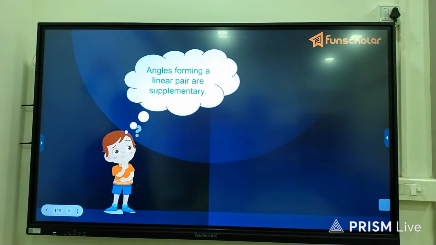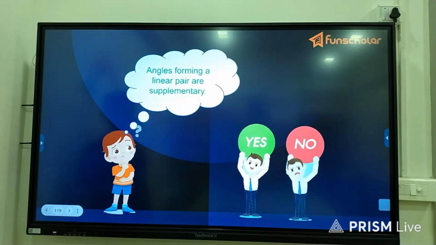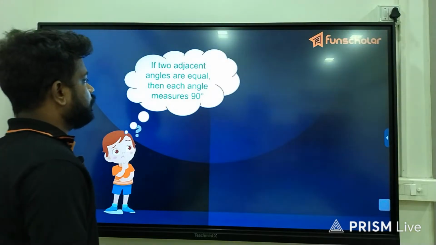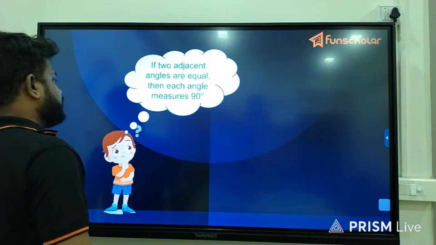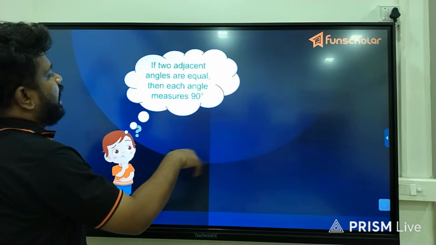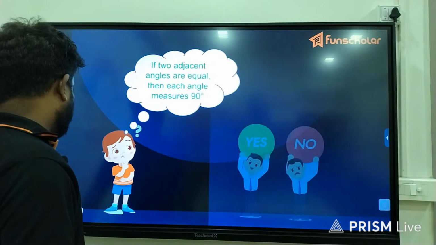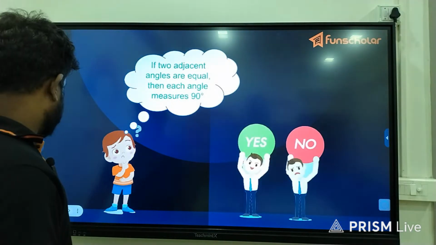Now, angles forming a linear pair are supplementary. Is it true or not? It will be true. Yes, they are supplementary. If two adjacent angles are equal, then each angle measures 90 degree. Adjacent angles are equal and they make 180 degrees, so yes, they will be 90 degree each.